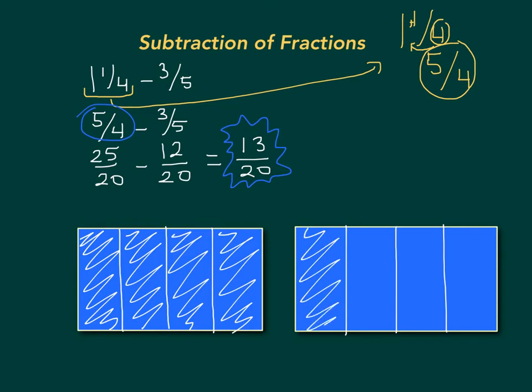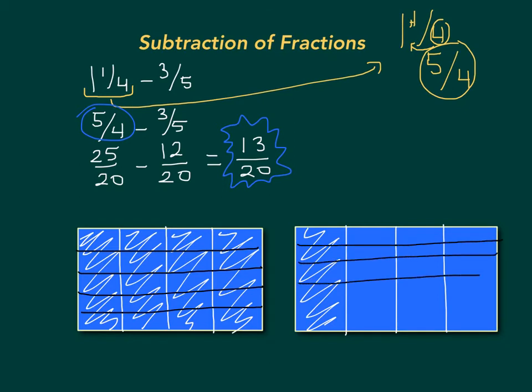And just like our addition question, if we have 4 sections going this way, our other fraction is 3/5, so we want to have 5 sections going the other way. So let's try that. Use a different color, and we'll split it into 5 sections. 1, 2, 3, 4, and 5, and 1, 2, 3, 4, and 5. Excuse the drawing there, but you get the idea.